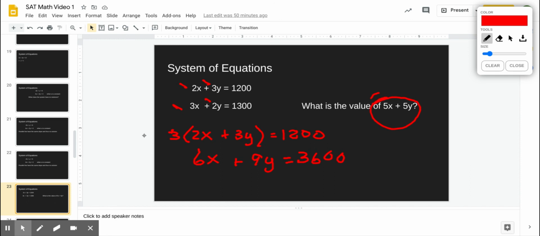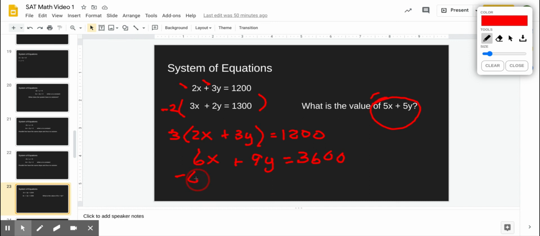So we have our first equation. For the second equation, in order for me to get a 6, I need to use a 2, but I need to have it as negative 2, because I need that negative 6. So I'm going to use negative 2 and manipulate this whole equation here, and we can bring it down here.